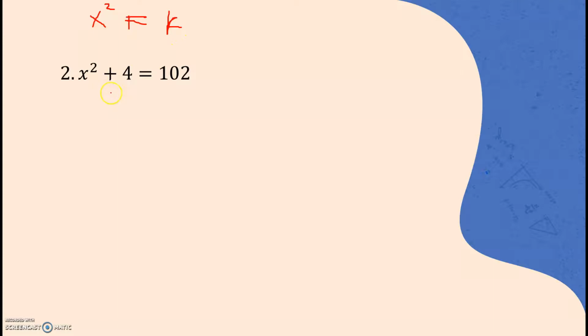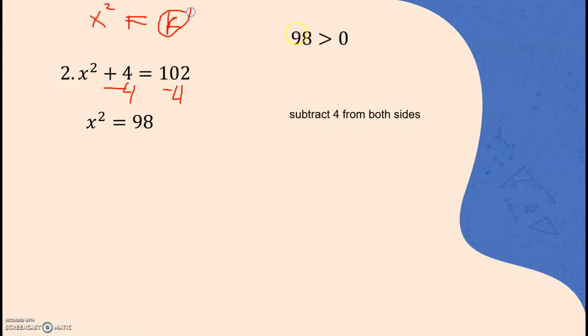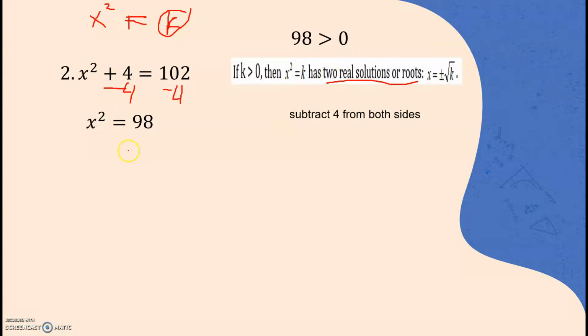We get rid of the 4 on the left side and put it on the other side, so we subtract 4. 4 minus 4 is 0, and 102 minus 4 is 98. After subtracting 4, you notice that the value of k is greater than 0. If it's greater than 0, the hint about the roots is that it has two real roots or solutions. So now we take the square root principle.